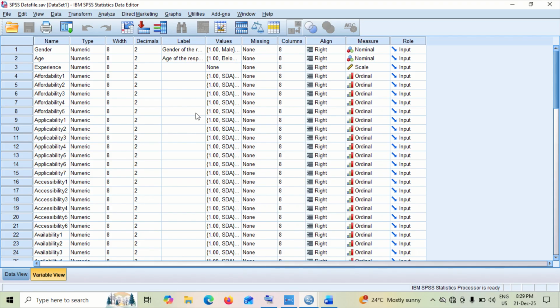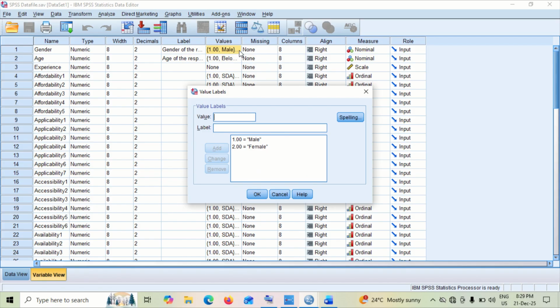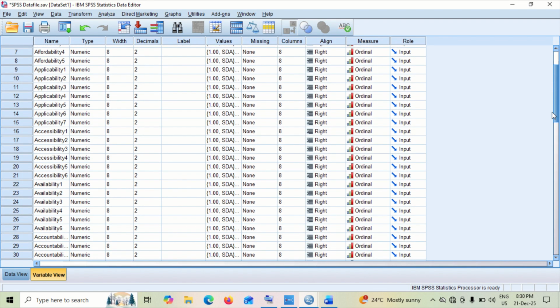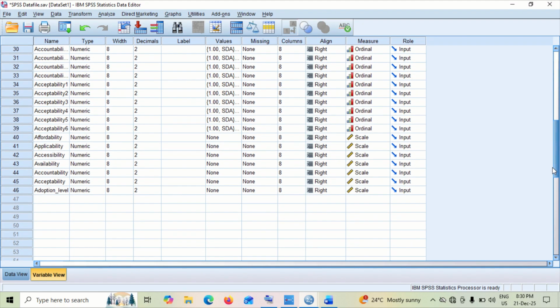Therefore, in this data set, we can see gender, which has only two options, that is male and female. We have to compare whether there is any significant difference in the adoption level of ICT between male and female respondents. Here we have already seen that adoption level is measured by using different components, namely affordability, applicability, accessibility, availability, accountability, acceptability, and finally overall adoption level.